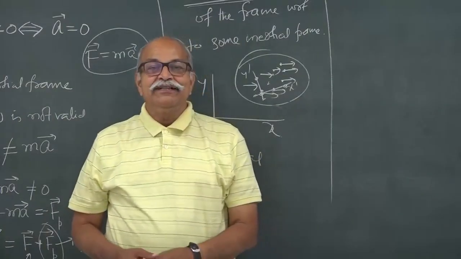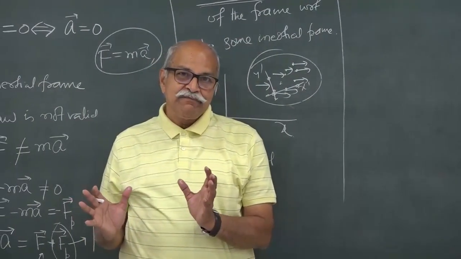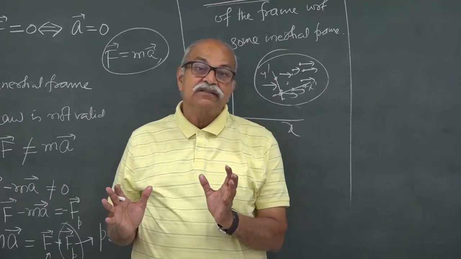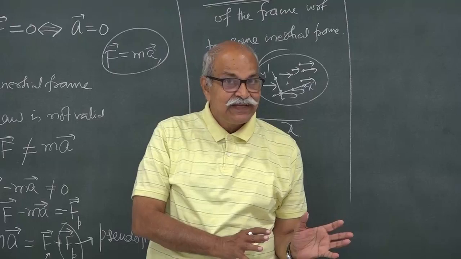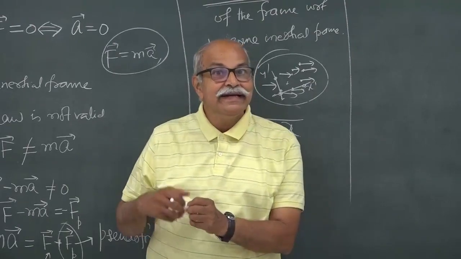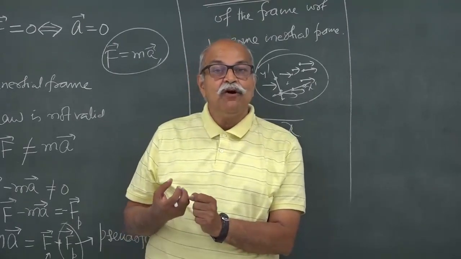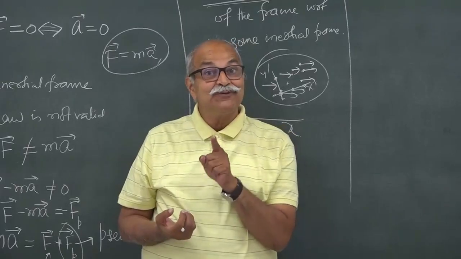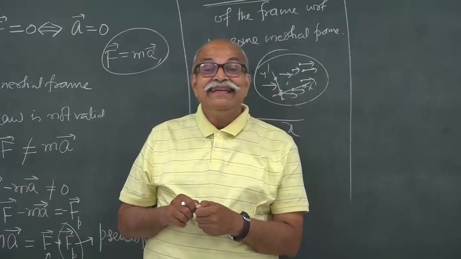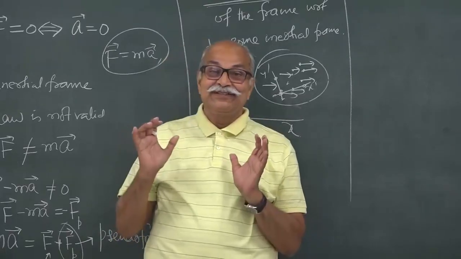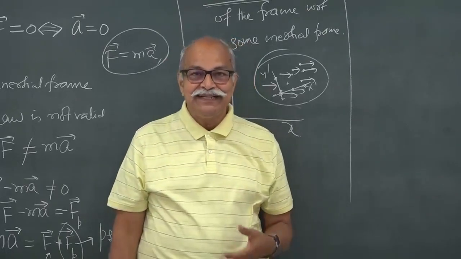So, you had seen that I accelerated my frame. I gave a translational acceleration in the negative x direction, and it created an acceleration of the ball, as seen from that translating frame, in the positive x direction. We will do more algebra on it in the next lecture.